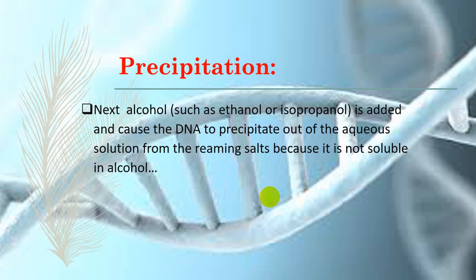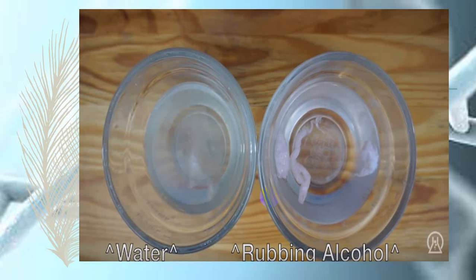As I mentioned in the start, the DNA is not able to dissolve in the ethanol, so we add ethanol in that solution, and then the DNA is not able to get dissolved. तो ये इस काबिल पे डीएनए नहीं होता कि वो उसमें soluble रहे, तो वो जाहिर हो जाता है.